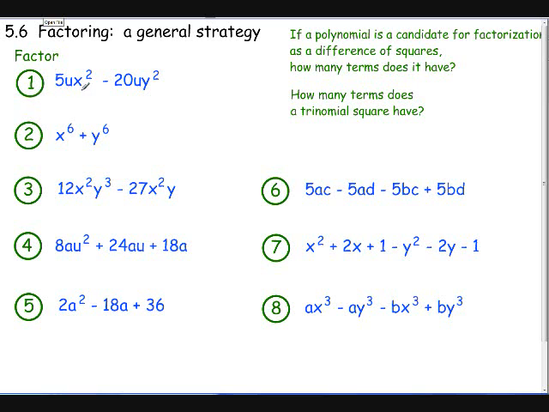Let's try doing this. So, using our strategy, do we have any common monomial that we could pull out of here? Yes, indeed we do. 5u. I'm afraid that's about it, isn't it? And when we take that out, what are we left with? Well, this becomes 1, 1, and x squared. This becomes negative 4y squared.